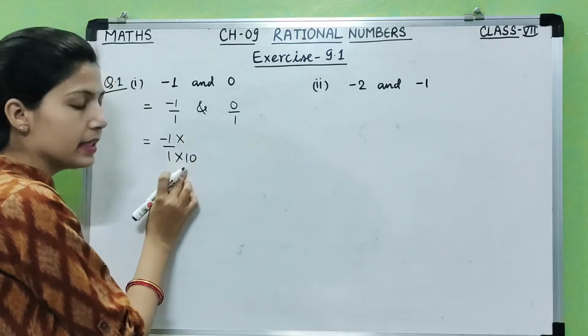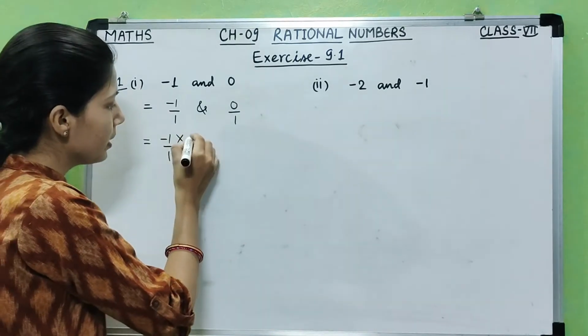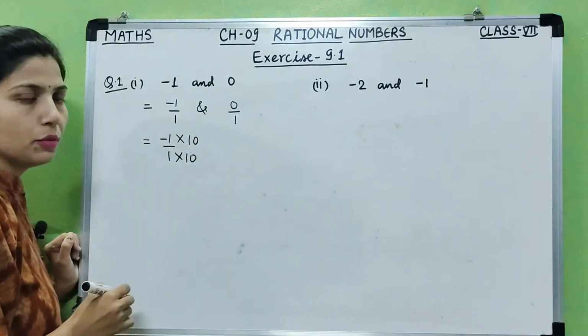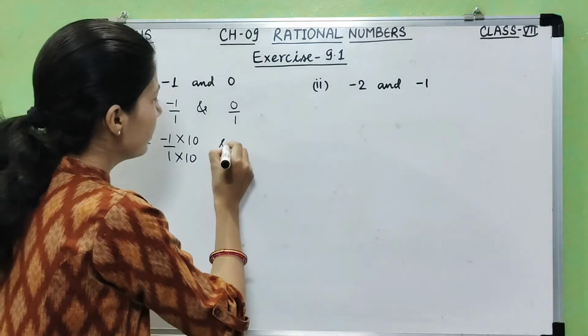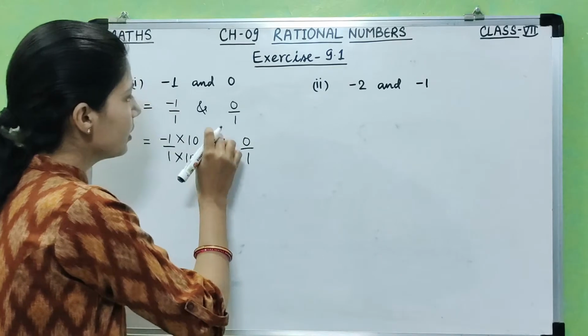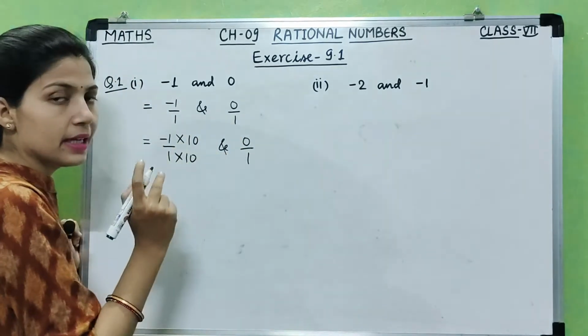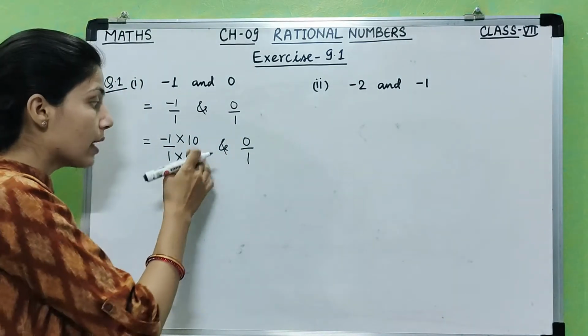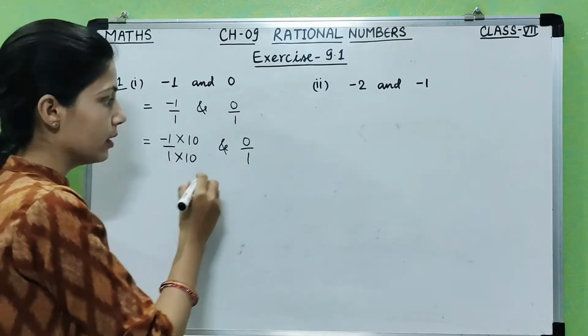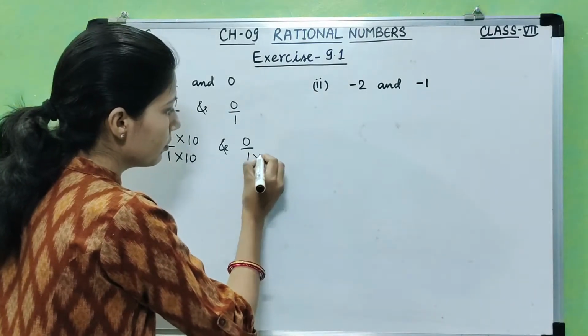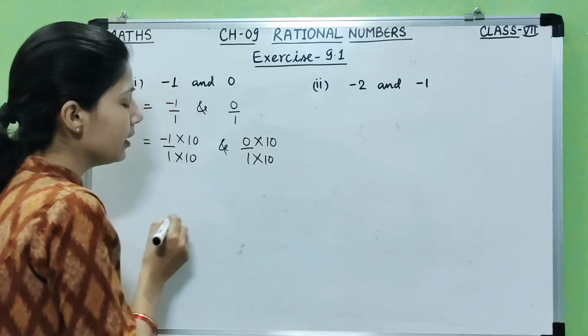So if we are multiplying in denominator, we will have to multiply by the same number in numerator also. Okay, and here 0 upon 1. यहाँ पर डिनोमिनेटर सेम है, 1 है, तो आगे भी हमें डिनोमिनेटर सेम ही रखना है. Okay, so that's why we will multiply by 10.